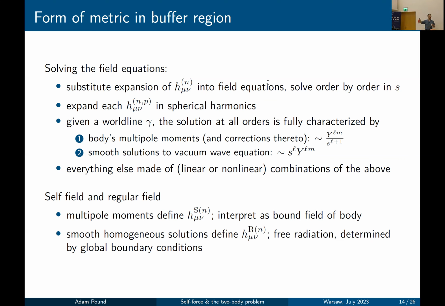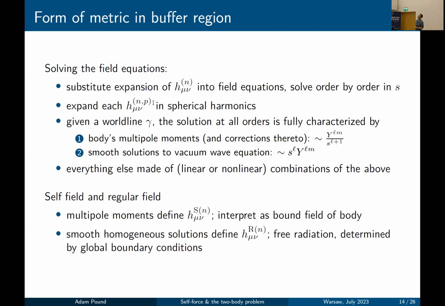So I'm solving the Einstein equations outside the body for this perturbation h at small s. I'm also going to expand each of these coefficients. This is the coefficient of epsilon to the n over s to the p. And I expand each of those coefficients in spherical harmonics around the small body.